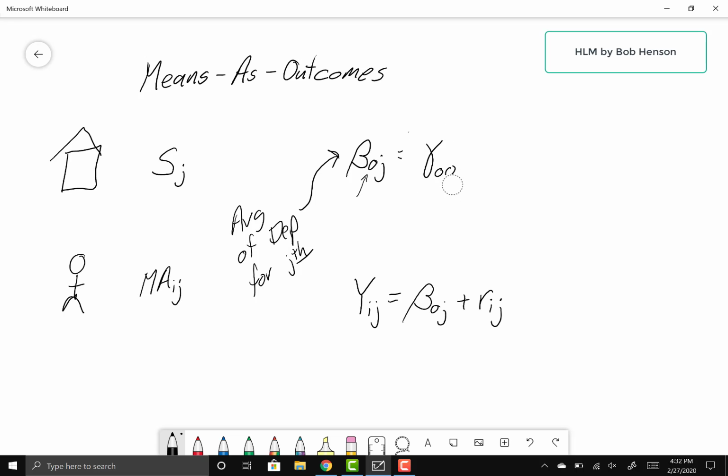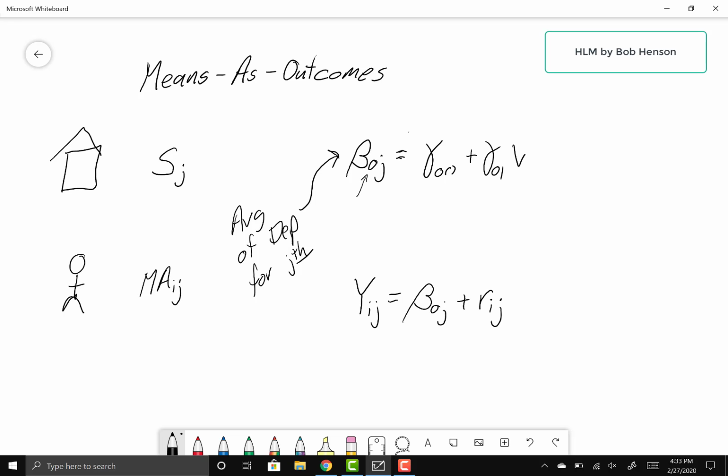In addition to gamma 0,0, because we're interested in whether sector, so whether a school is public versus private, actually predicts math achievement, we're also going to have a gamma 0,1. Again, the first subscript indicates that we're modeling the intercept, and the 1 indicates that this gamma corresponds to the first slope.